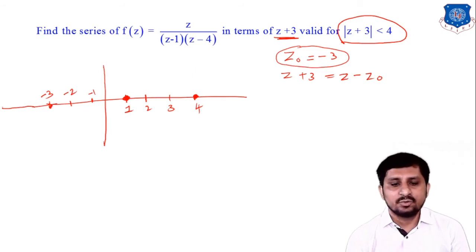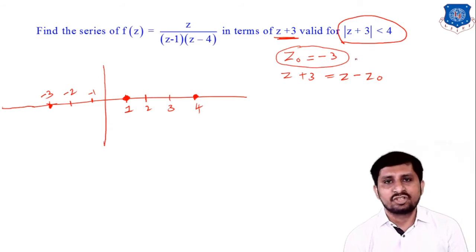So clearly you can take the radius maximum up to 4, the distance from -3 to 1. That's why |z + 3| < 4. This is my circle, the inside portion of this circle.